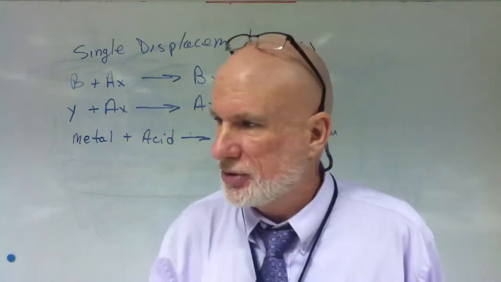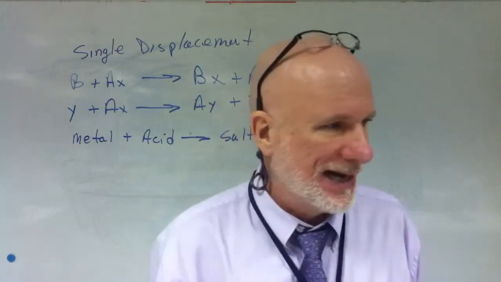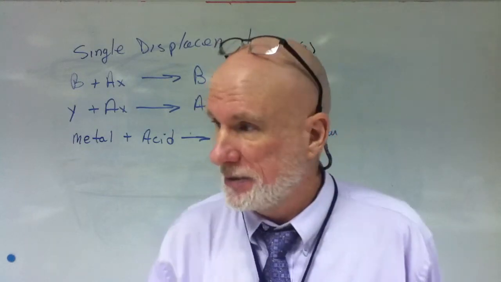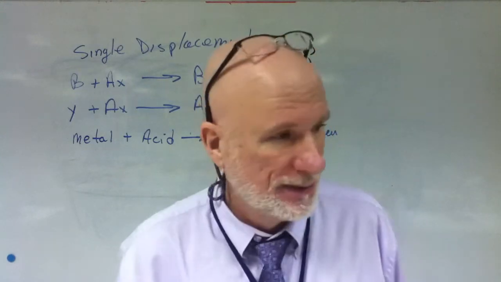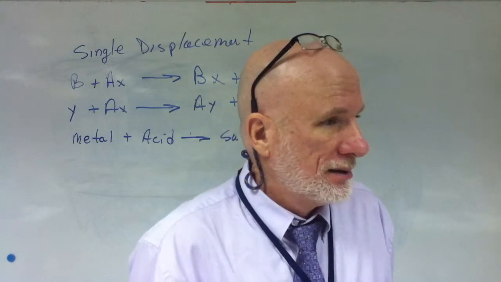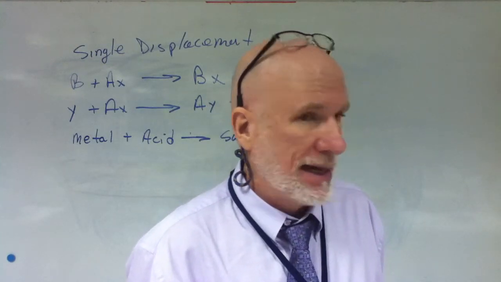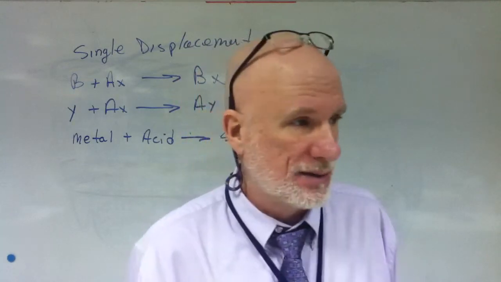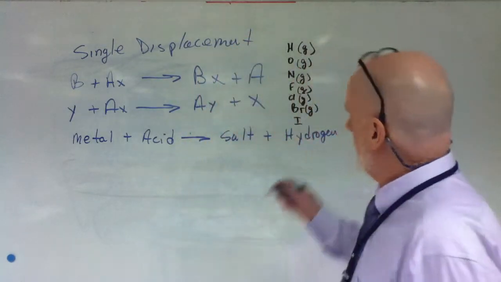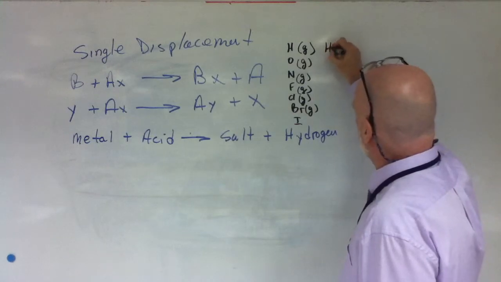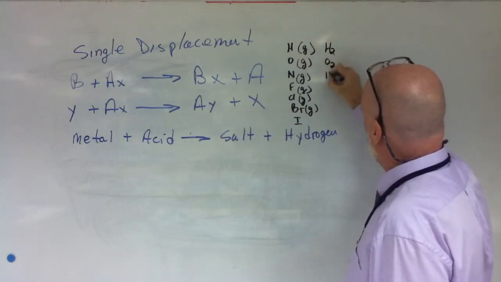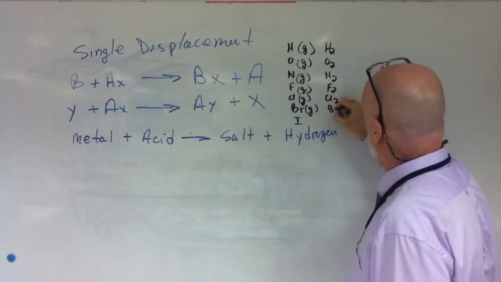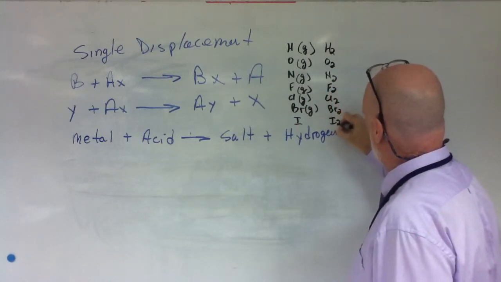Iodine at room temperature is a solid, I, but iodine can also sublime into iodine gas, and bromine can go into a gas very near room temperature. If they're a gas, it's going to be H2, O2, N2, F2, Cl2, Br2, I2.